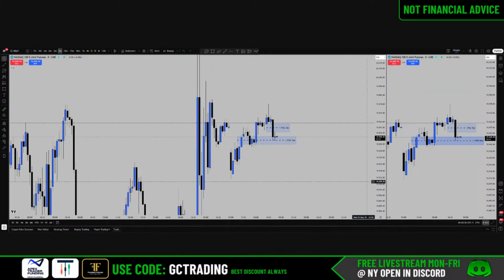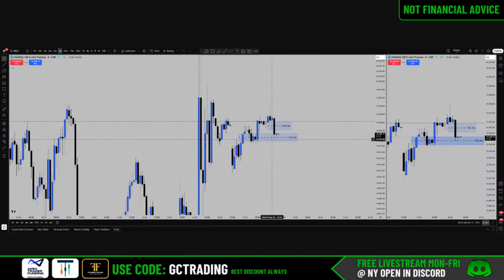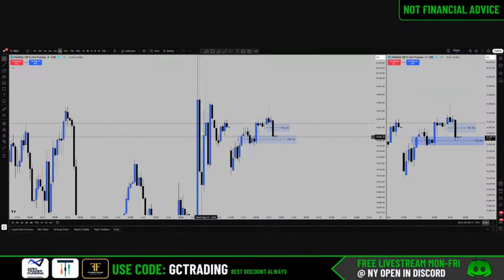So what could we look for here? I definitely do not want to look for anything inside these gaps. If we start breaking out of this gap, for example, if we inverse this gap right here, we could probably look for this low right here, maybe.